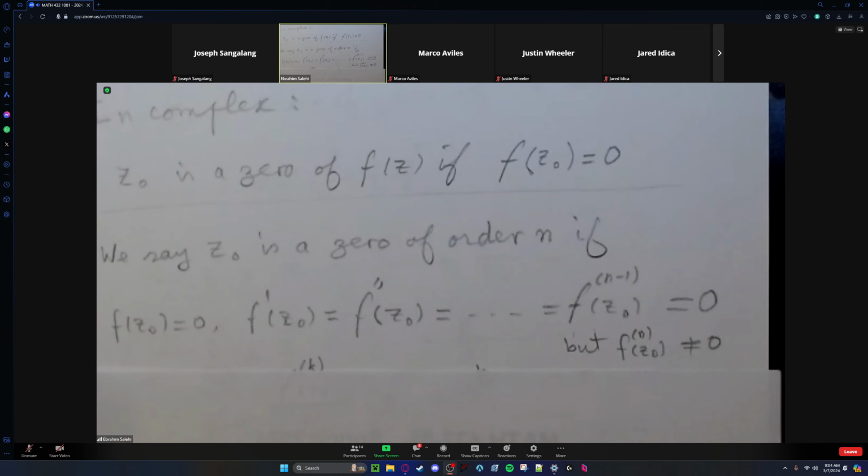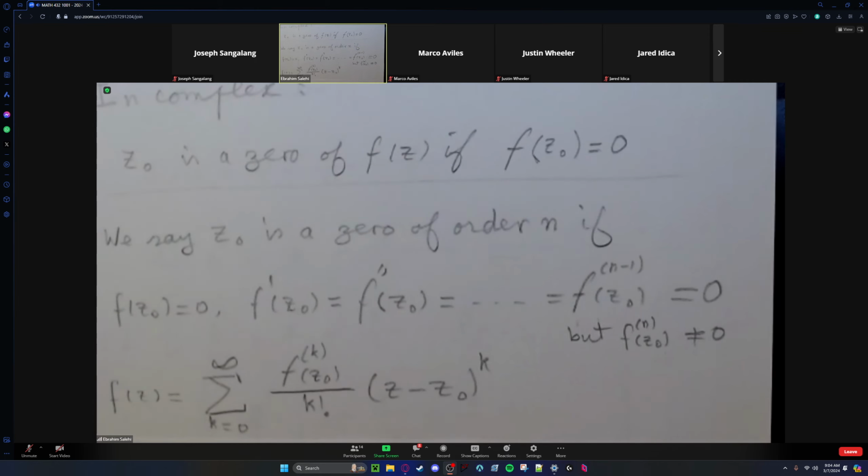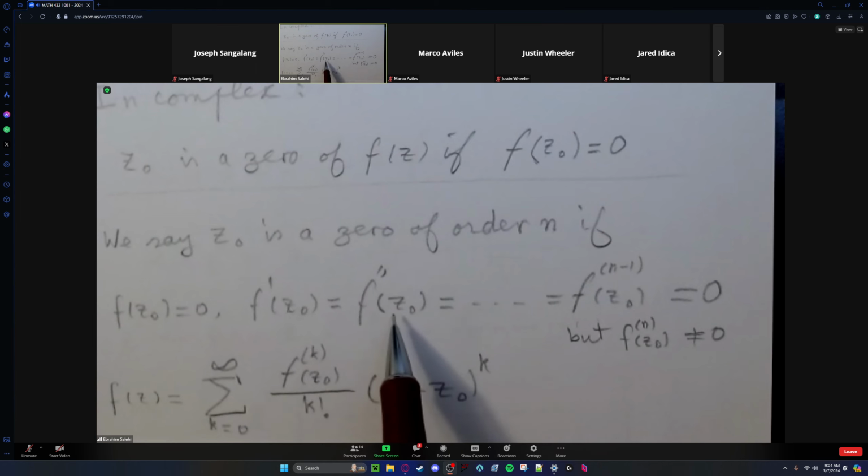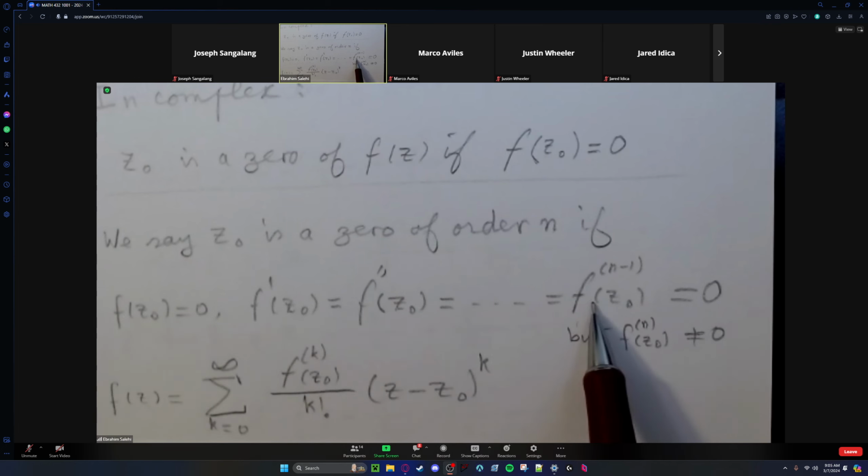But when the function is analytic at that point z naught, good things happen, because when you write the Taylor series of the function centered at this z naught, if these guys are 0, then the Taylor series starts with this one, because the first n terms will be 0.